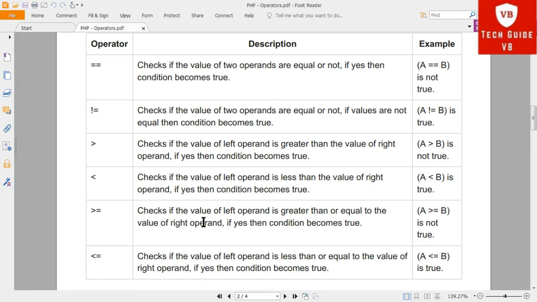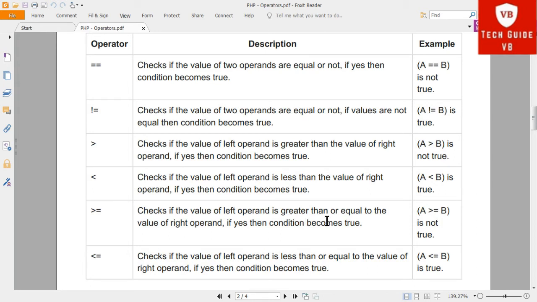Next operator, greater than or equal to, checks if the value of the left operand is greater than or equal to the value of the right operand. If yes, then the condition becomes true. Example, A >= B is not true. The difference between greater than and greater than or equal to is that one checks if the value is greater than, while here it checks if the value is greater than or equal to.